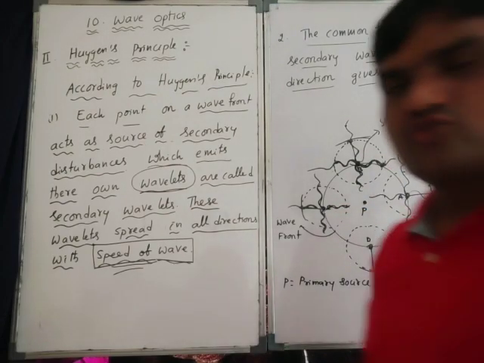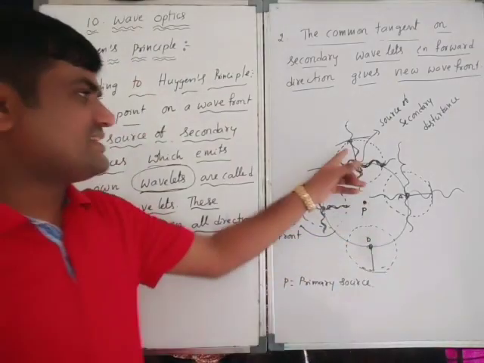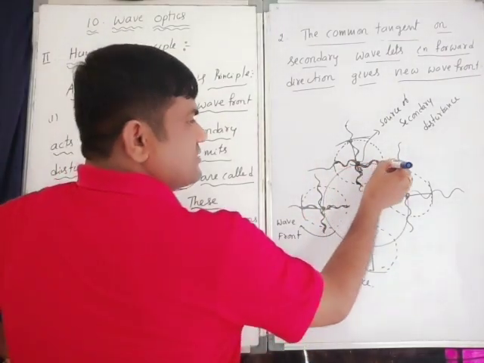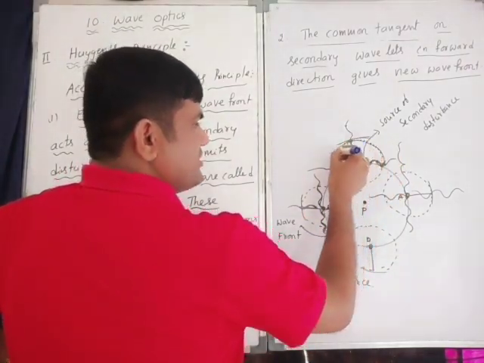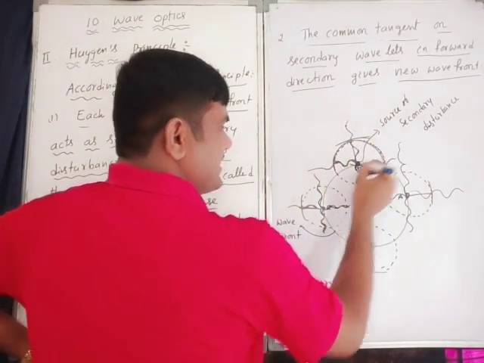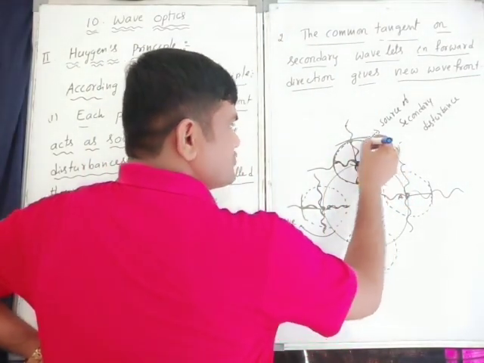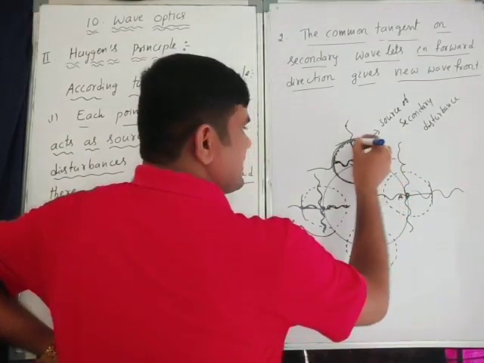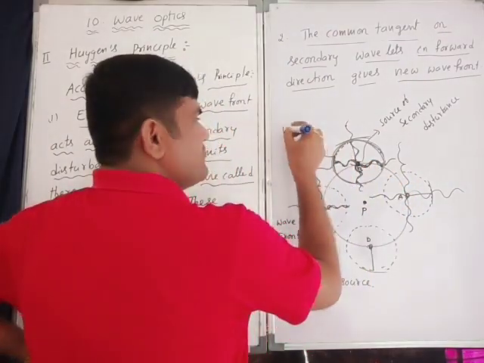Wherever you see, each is a source of secondary disturbance. Now this is one hemisphere, from here to here, and again from here to here another hemisphere. So this sphere is known as a wavelet.